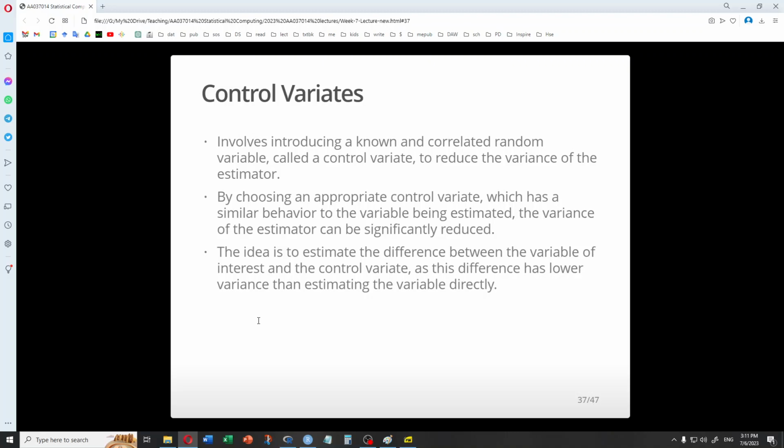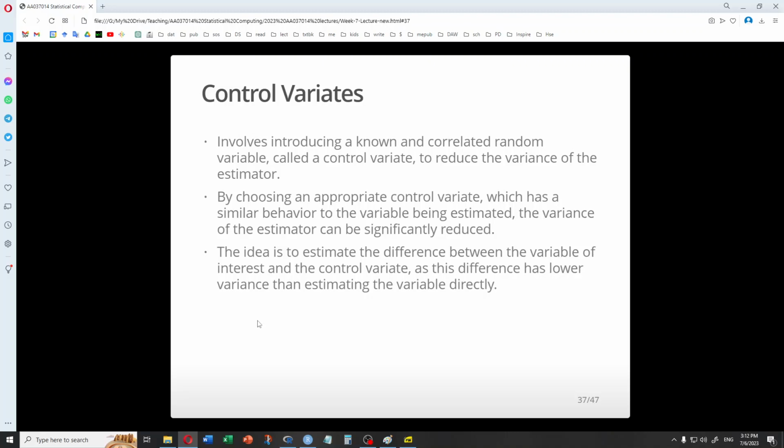There is some similarity between the control variate and the antithetic variate. With the antithetic variate, we try to find another variable which is negatively correlated with the one that we have. With the control variate, we also want to manipulate the relationship between the pairs of this random variable.